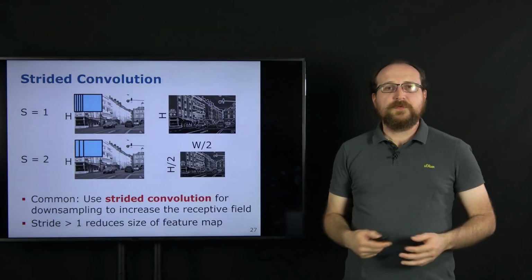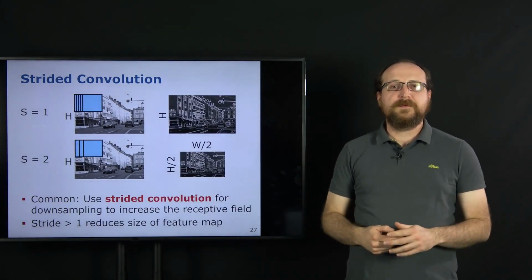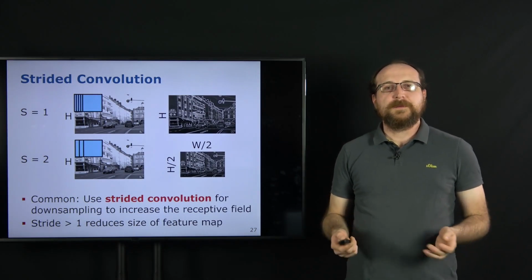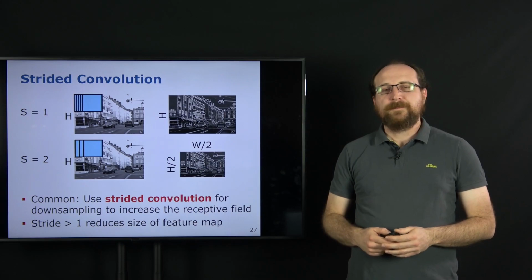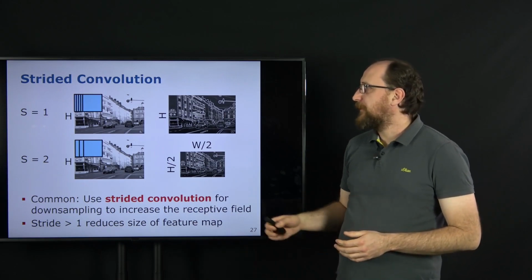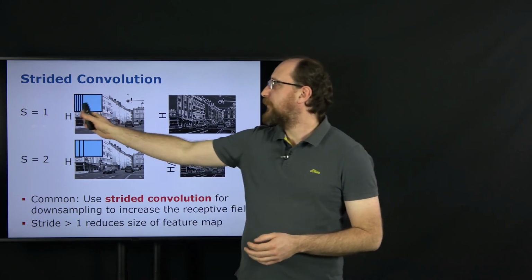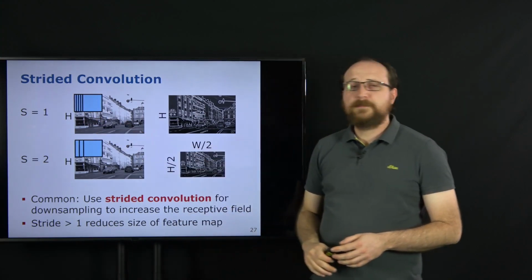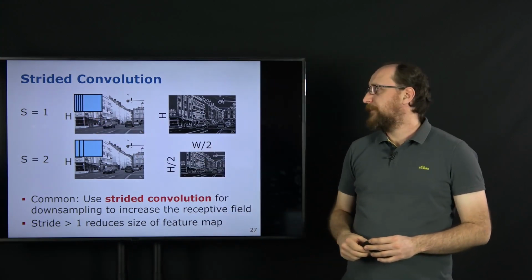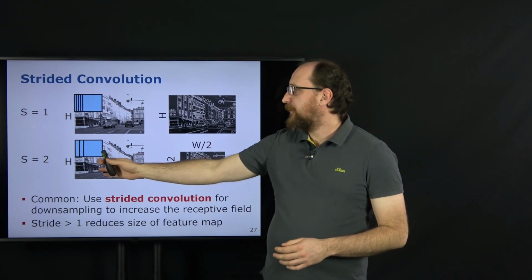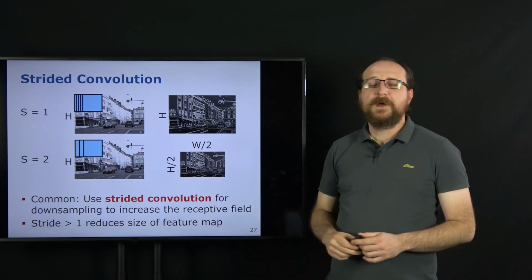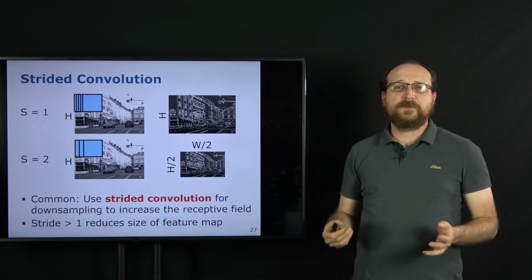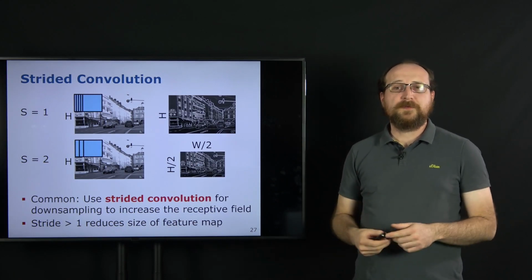Instead of using pooling operations, so just the maximum, we can also use strided convolution to get the downsampling behavior. In this case, we are not applying the convolution at every pixel like before, but maybe at every second pixel. And by applying this in a strided fashion, we also see that the feature map reduces. This can be used to downsample in between.